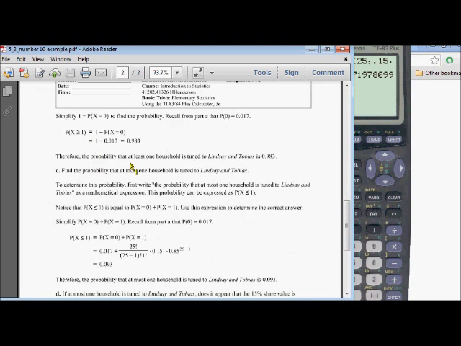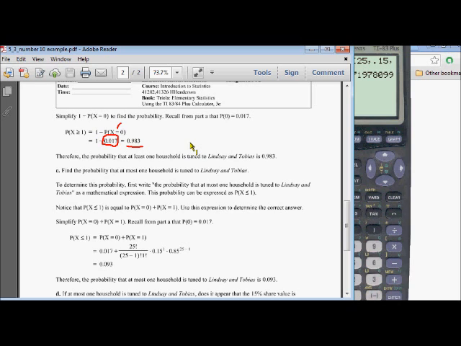We already know what x equals 0 is. That was from part A. So 1 minus this thing right here is 0.983, which is the answer to part B.